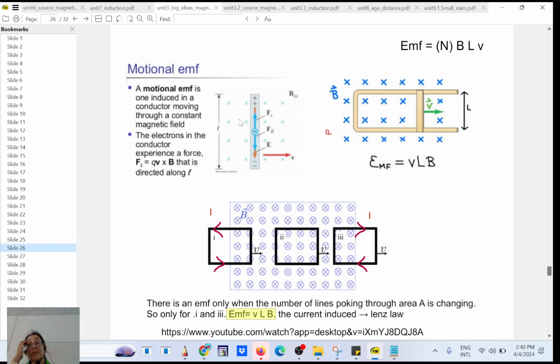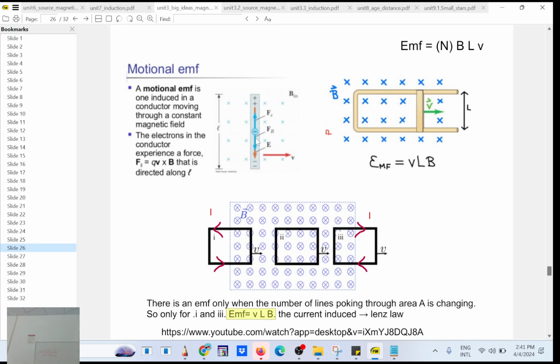So here you have another way to induce an EMF. So this way, I didn't cover it, but it's just an equation. You can understand that from the previous unit. So look at the upper left here. Okay, so you have a bar, and you are moving. You are pulling the bar inside that magnetic field here. So these are made of electrons, right?